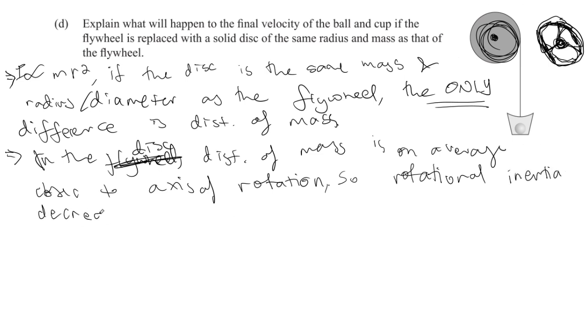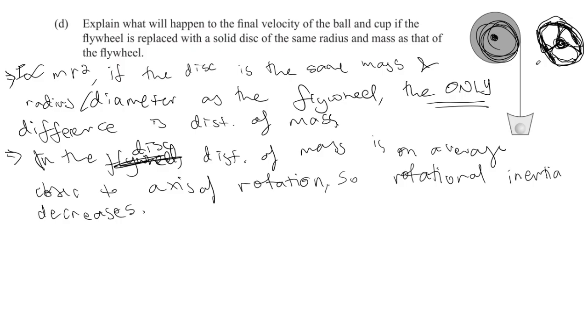So what does this mean? Rotational inertia is basically the thing that stops us from rotating. And the more mass is spread further away from the axis of rotation, such as in the flywheel, the more rotational inertia, which means the harder it is to rotate.